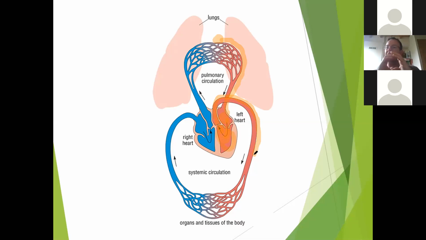So here, the blood's under very high pressure. So arteries need to have thick, elastic and muscular walls because that blood is under such high pressure. Think about it, it's got to pump from your heart and it's got to be able to oxygenate every tissue in your body. So it's under a huge amount of pressure. So artery walls are quite thick.